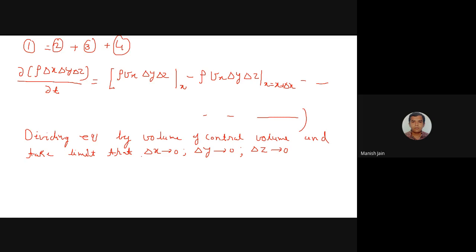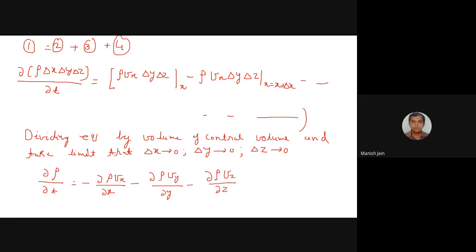Okay, so when you take this limit, you will end up with the equation del rho by del t equal to minus del rho vx by del x minus del rho vy by del y minus del rho vz by del z.